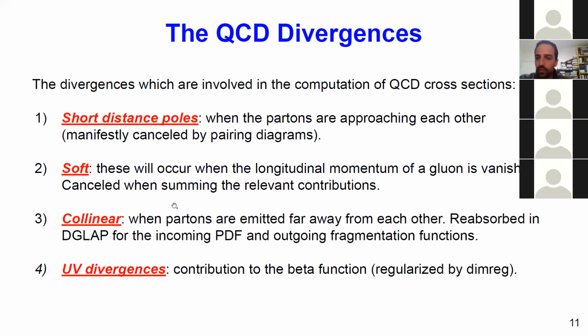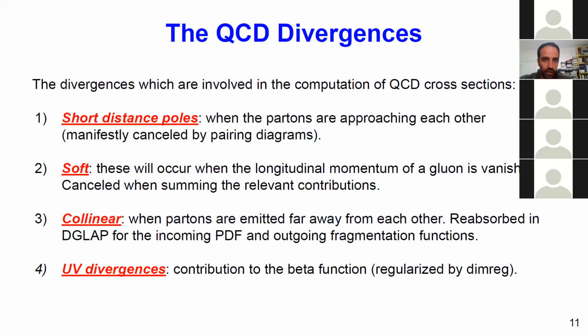Another divergence is the collinear one, which is the situation where two partons have momenta parallel to each other. Or in position space, this means that partons are emitted far away from each other. We are going to explore these limits, and this collinear limit will be associated with the DGLAP evolution of the incoming PDF and the outgoing fragmentation functions.